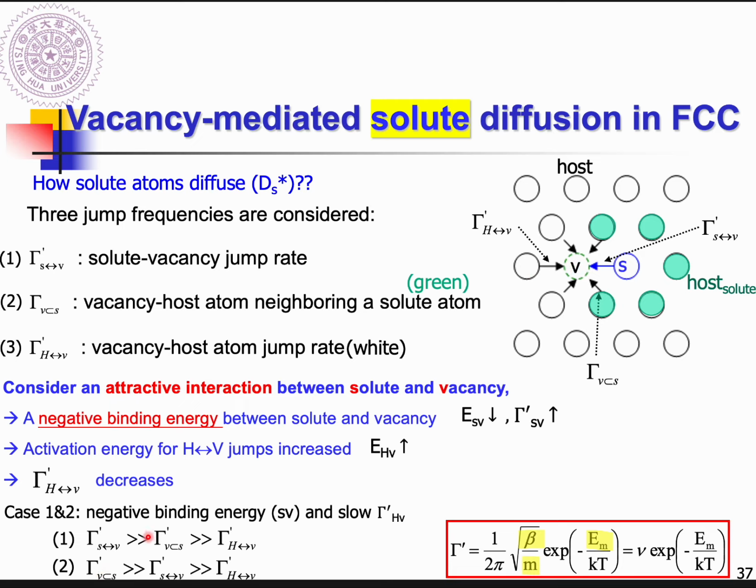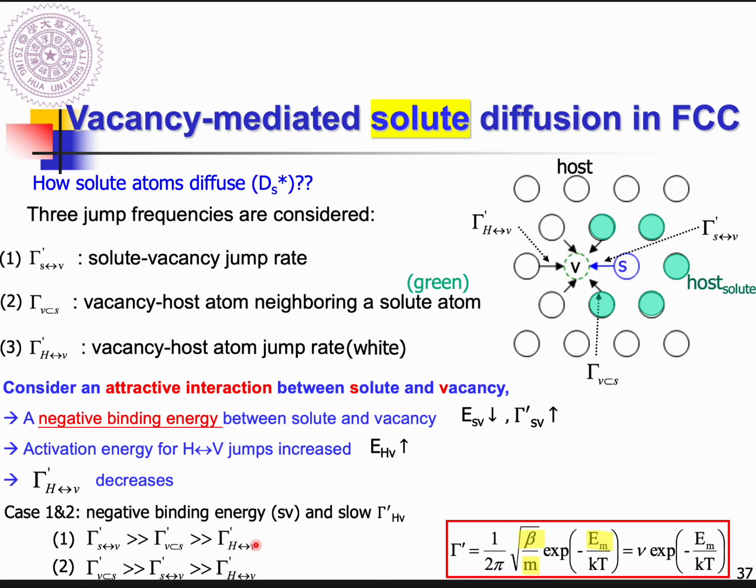So for case 2, we switch the order. The highest one is the gamma prime between the vacancy and the host atom neighboring solute, and then it will be much larger than the gamma prime between the solute and the vacancy. And the slowest one also is the gamma prime between the host and the vacancy.